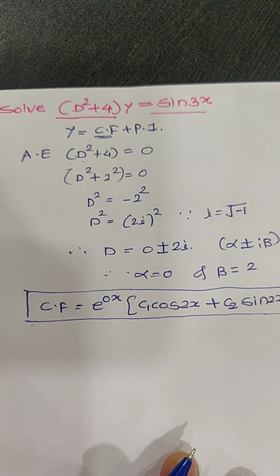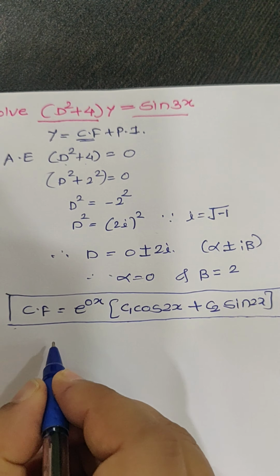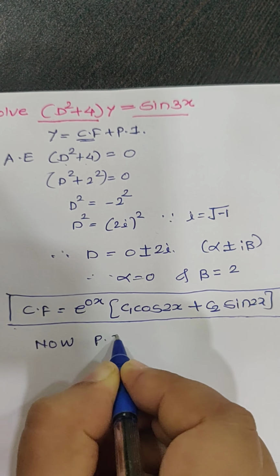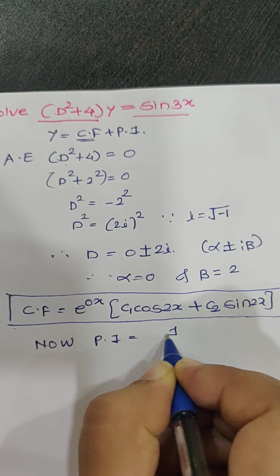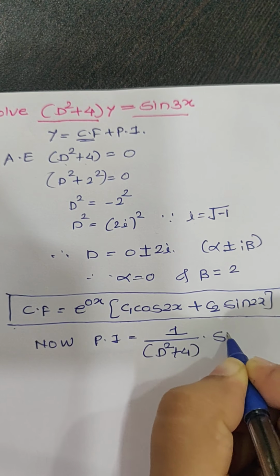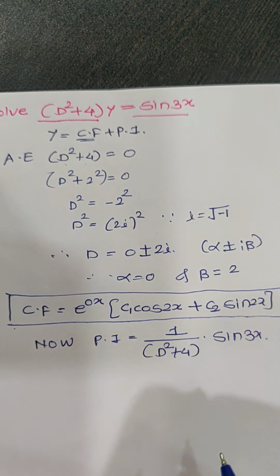Now to find out PI, the particular integral, write it like this: 1 upon (D square plus 4) into sin 3x.